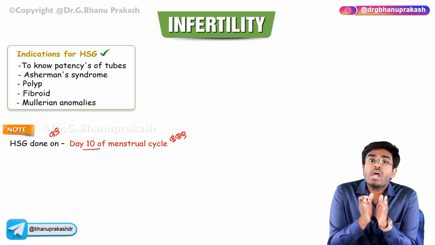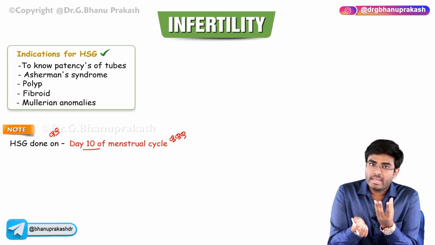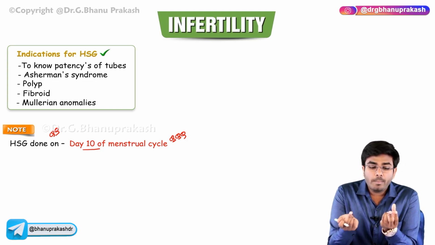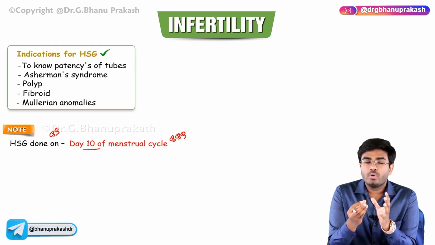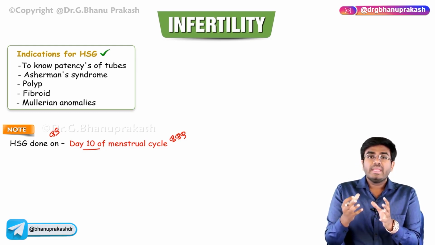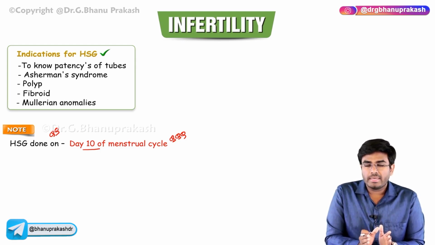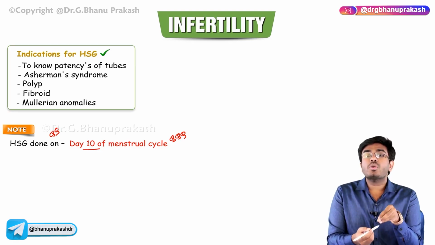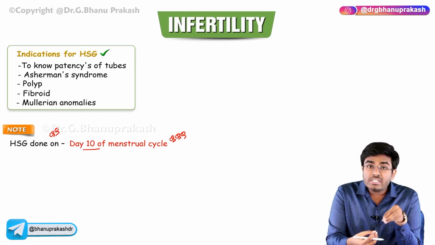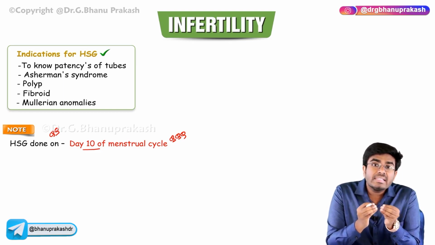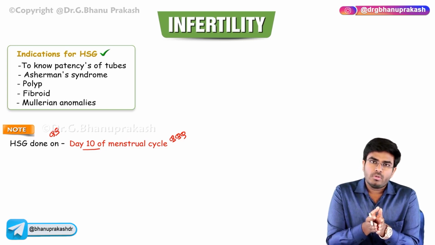What if on the 14th day of her menstrual cycle, she has ovulated and by chance the sperm meets the ovum, it got fertilized and this fertilized embryo got implanted. What I am trying to put into your mind is, if you perform hysterosalpingography in the second half of the menstrual cycle, this hysterosalpingography will disrupt the implanted embryo. Okay.